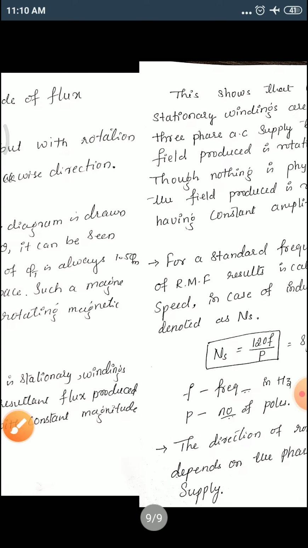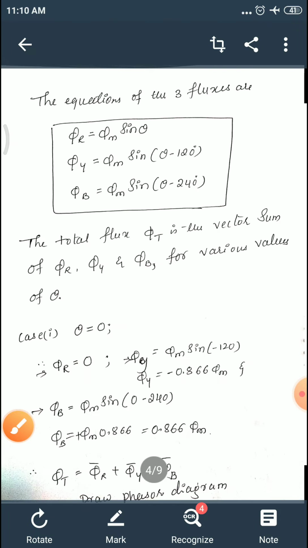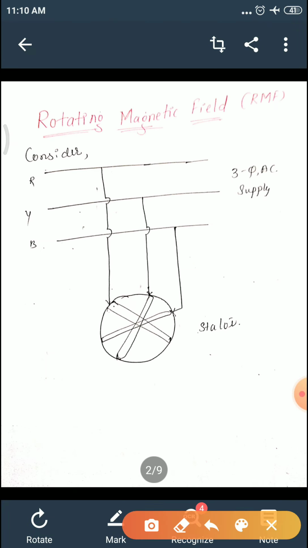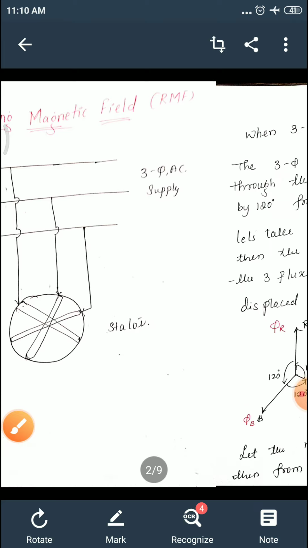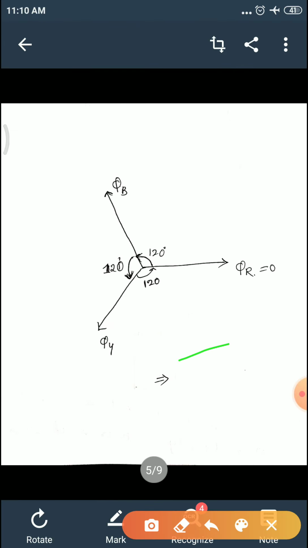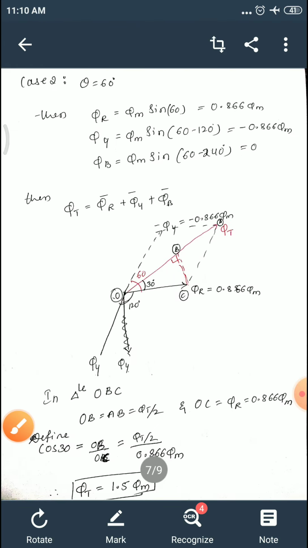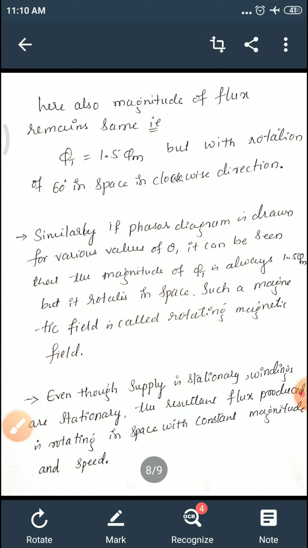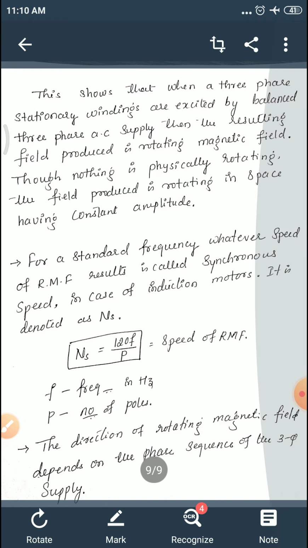While giving the supply to the stator, if we change any two phases, for example giving RBY instead of RYB, then the direction of the rotating magnetic field will be changed. By changing the supply phase sequence, the direction of a three-phase induction motor can be reversed.